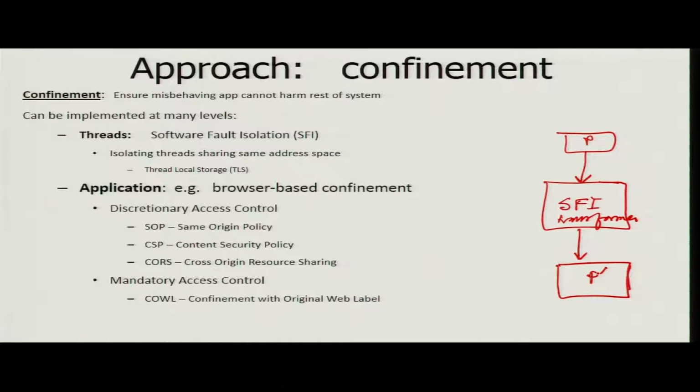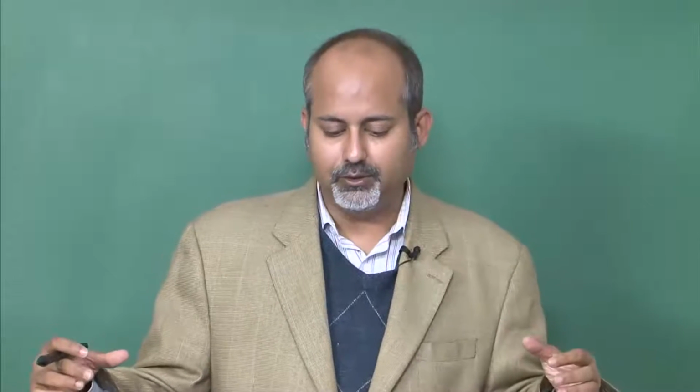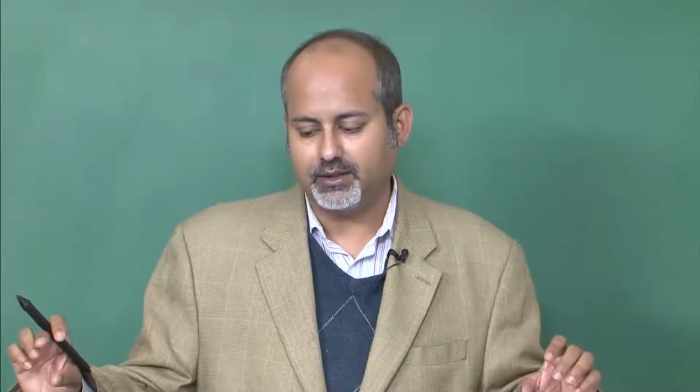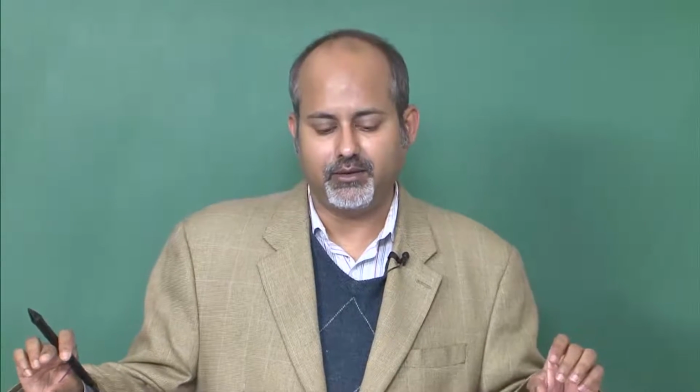So if you want to do software fault isolation, you basically create what is called thread local storage. Even within the same address space of the process, you separate out certain address ranges where a certain thread can access or write and so on.